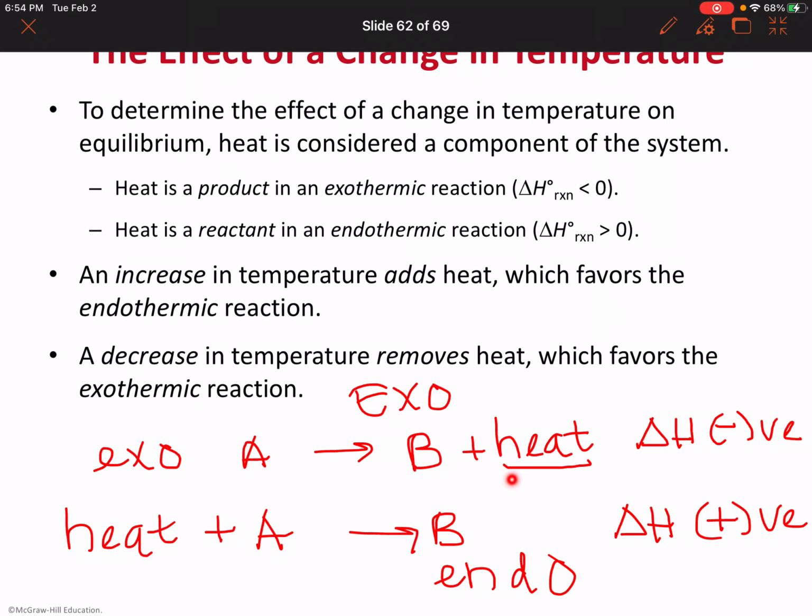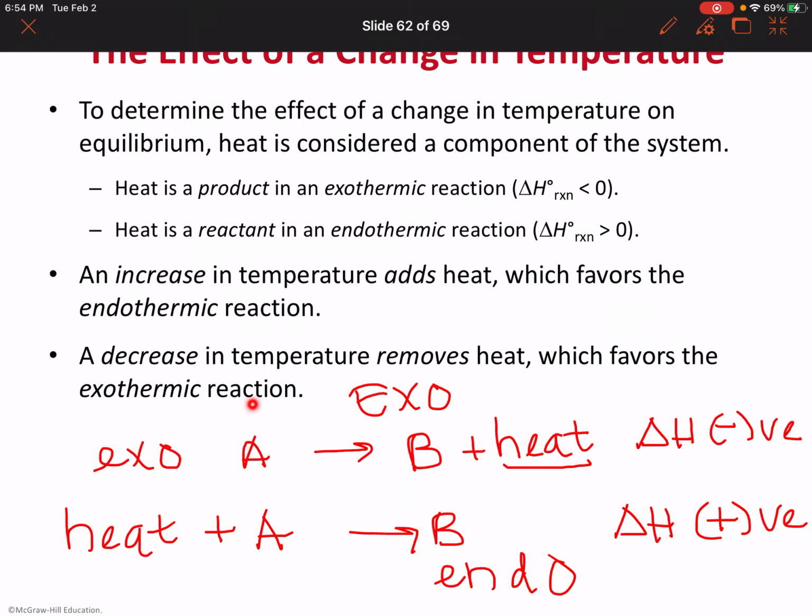So if you increase the temperature, which reaction does that favor? Where do we find heat as a reactant? If you increase temperature, it favors the endothermic reaction, meaning the endothermic reaction takes up that heat and goes forward. So an increase in temperature adds heat, which favors the endothermic reaction.